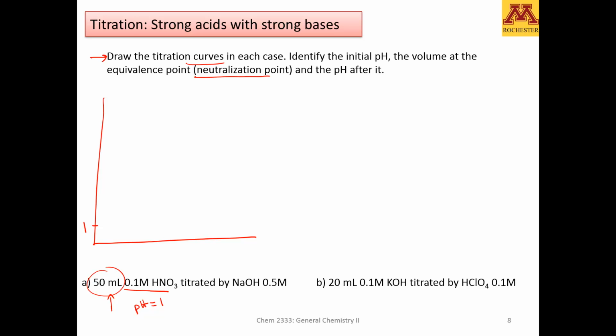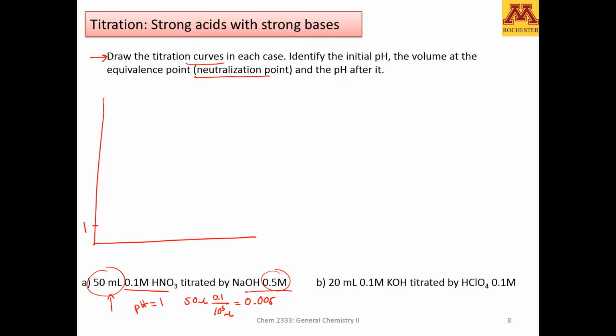Now, I have 50 milliliters of 0.1 molar, and I'm titrating with 0.5 molar. The question is, how much sodium hydroxide contains as many moles of hydroxide as nitric acid or hydronium? Notice, and this is something that you may want to do, if you have 50 milliliters, and 10 to the 3 milliliters is 0.1 molar, 0.1 moles, this is 0.005 moles.